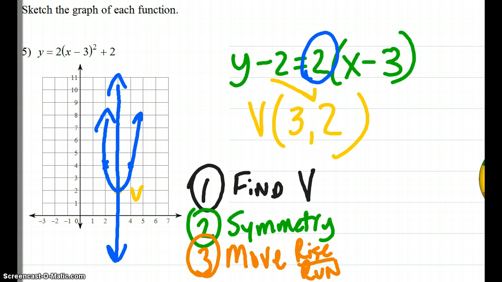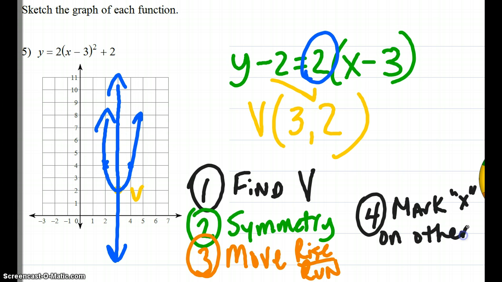Mark with an X on the other side of your line of symmetry, and then connect with a smooth curve. Make sure that you have parabolas when you have an x squared in your equation.